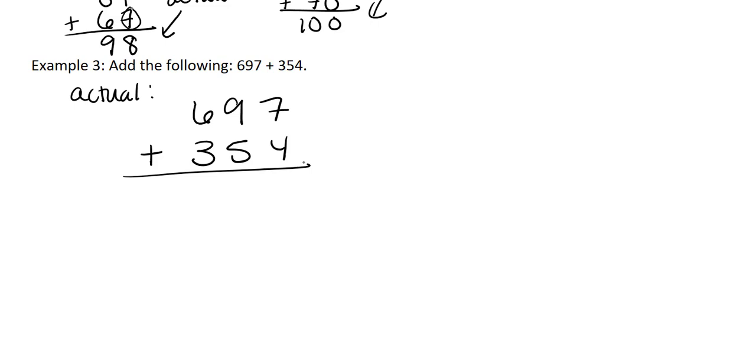But before that, we can just go ahead and estimate or round. So we have 697. Well, if we want to round to the nearest, say 10s, 697. Well, that 7 is going to dictate that 9, so we need to go up, which is then just going to go up to 700, because that would be the nearest 10.